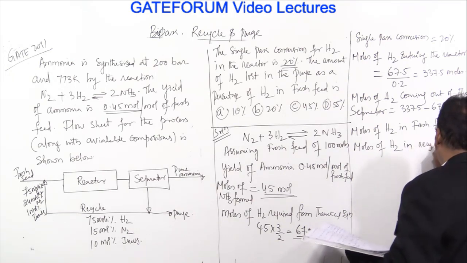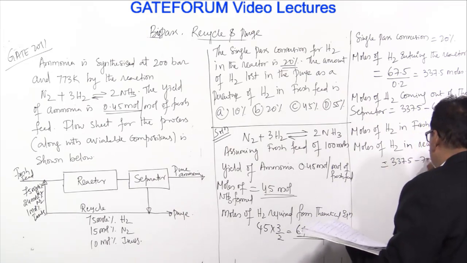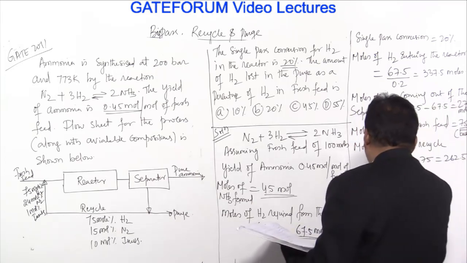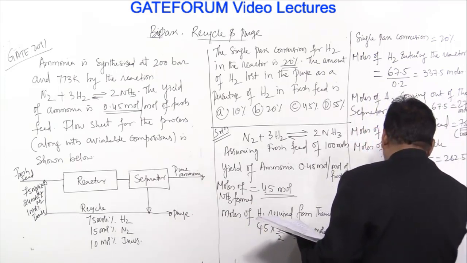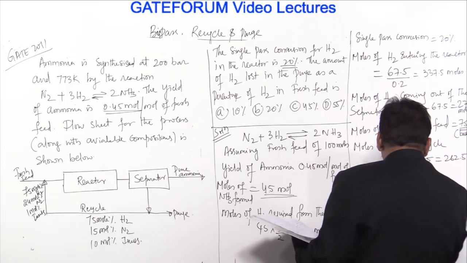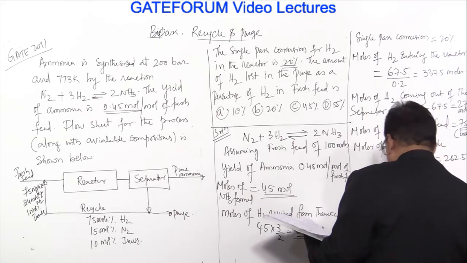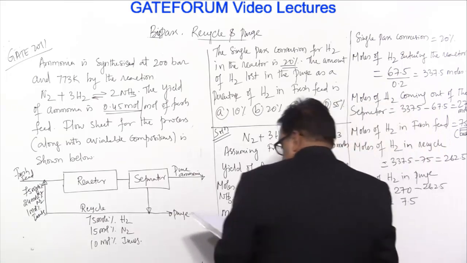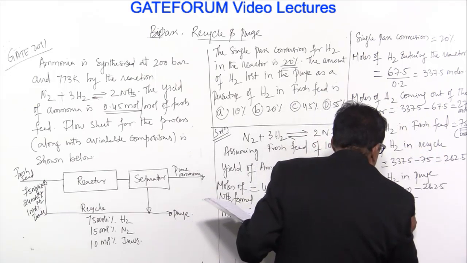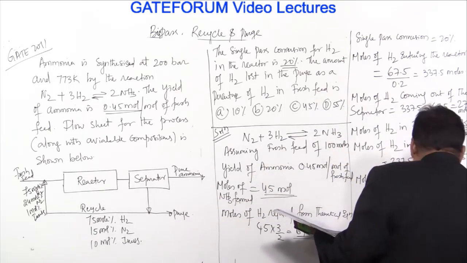Moles of H2 in recycle is 337.5 minus 75, which is 262.5. Then moles of H2 in purge is 7.5.